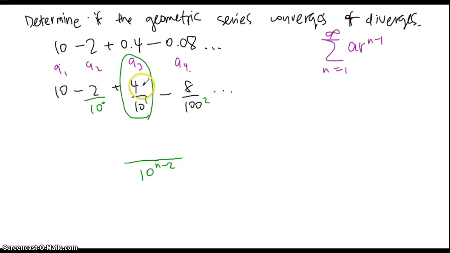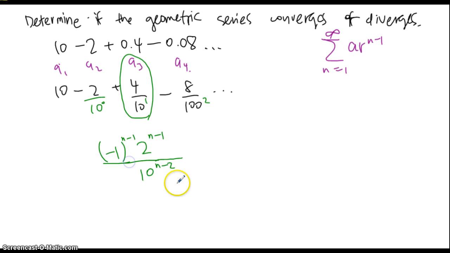In the numerator, I have 2, 4, 8, 16. It's probably something like 2 to the second power, right? 2 squared is what I want, so 2 to the n minus 1. The negative 1 is starting off positive, so it'll also be n minus 1.